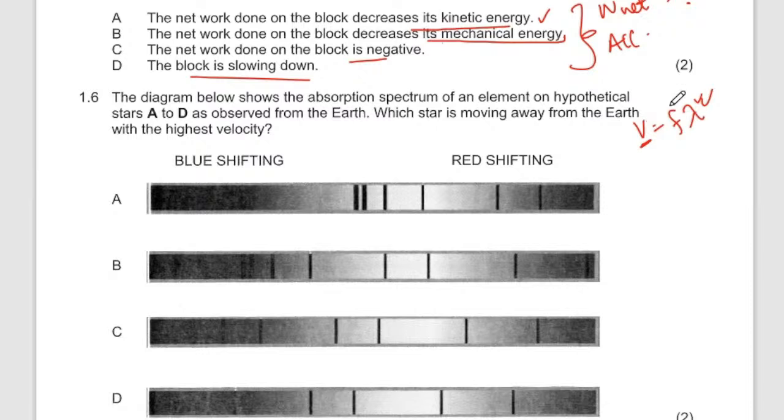Okay. So when you look at the lines, the red shifting and the blue shifting, I think the best option has to be A, because we can see a bigger difference within the blue shift, and we have the smallest distance within the red shift. So option A is the best.